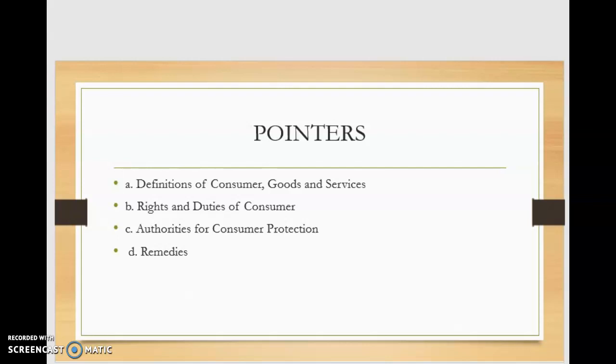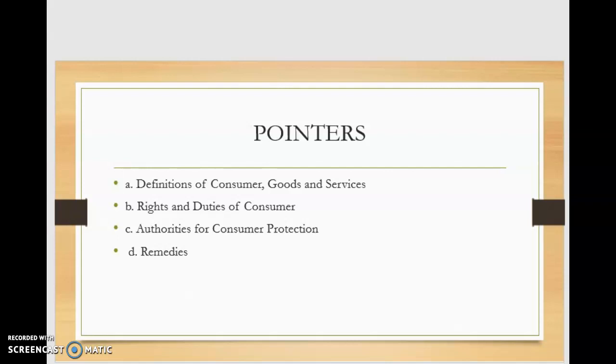Now, when we talk about technology, even technology has made available a variety of goods and services to consumers from all over the world, which are only a click away. And it is important that these products and services that are being provided in the market every day should be of good quality, to the satisfaction of the consumer.